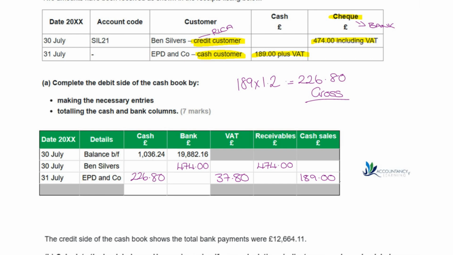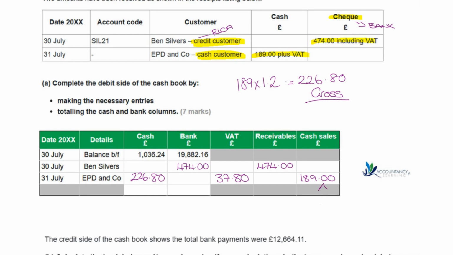So now we've got our net amount going to cash sales, our VAT amount going to our VAT account, and then we've got our cash amount here, so that's part of our assets. Now we just need to total the columns up to finish this part of the question. And then we can move on.